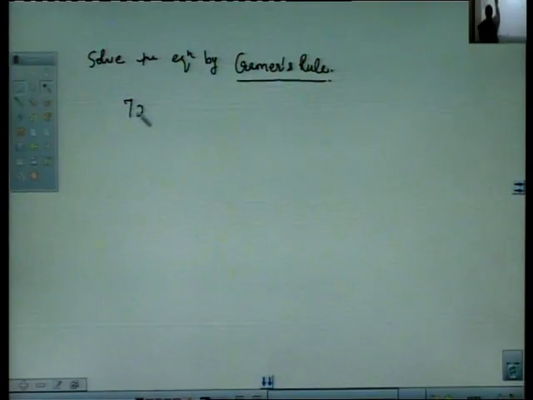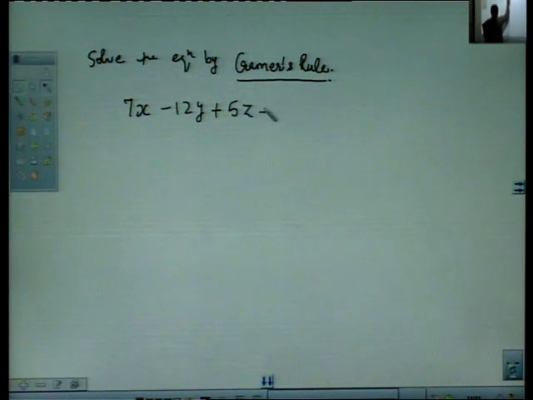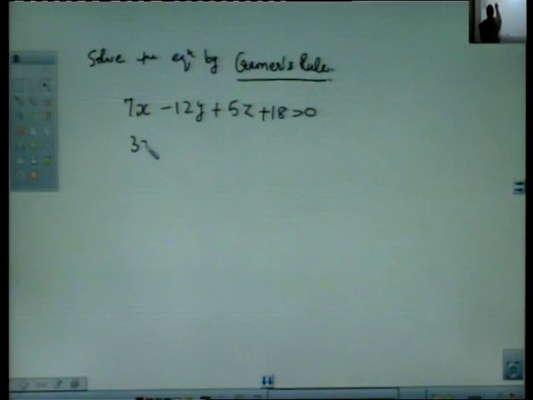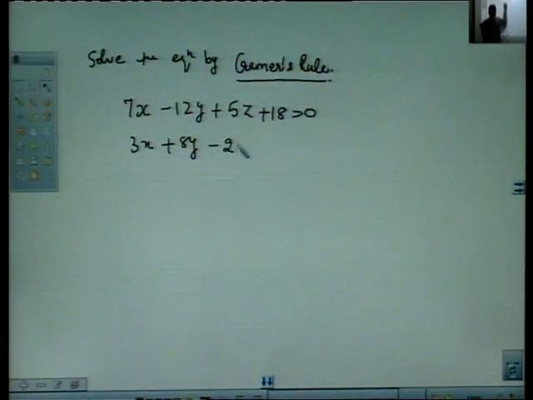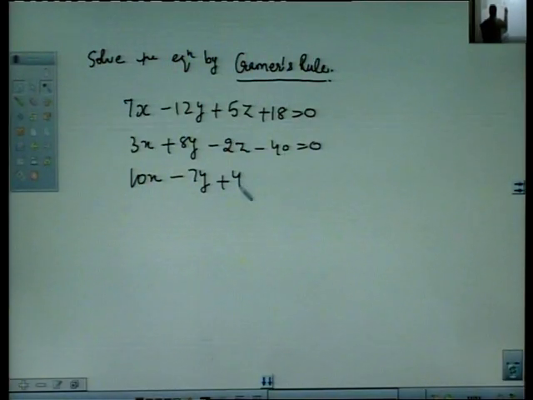The equations are 7x minus 12y plus 5z plus 18 equal to 0, 3x plus 8y minus 2z minus 40 equal to 0, and 10x minus 7y plus 4z minus 11 equal to 0.